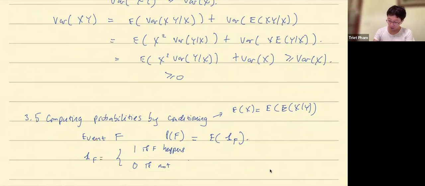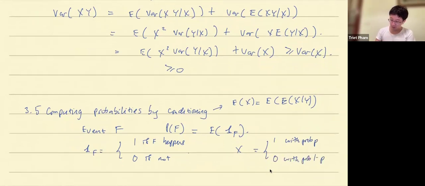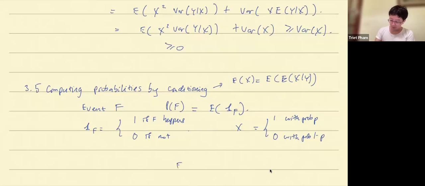So if you remember, a Bernoulli random variable has expectation P. And so clearly this is Bernoulli with P being the probability that F happens.